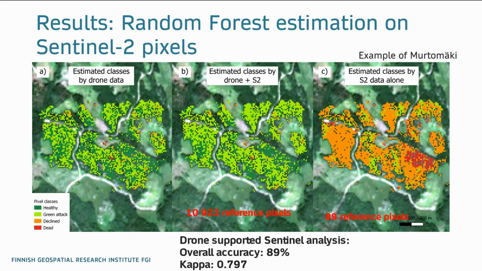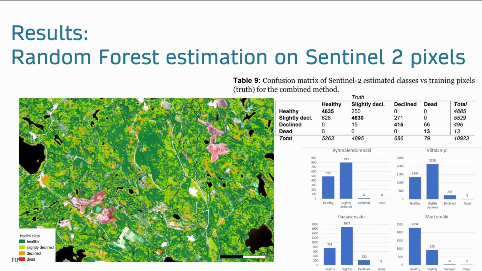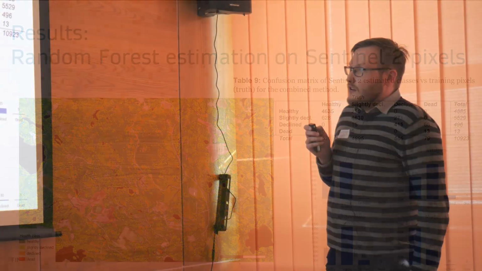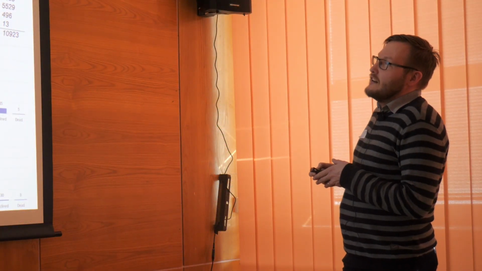And if we compare this pixel-wise, the overall accuracy was about 90%, and the kappa value was also relatively high. In this next slide there will be more details about this confusion matrix. Here we can see that mostly the confusion was happening in the slightly declined and declined classes. Why did we call it slightly declined?